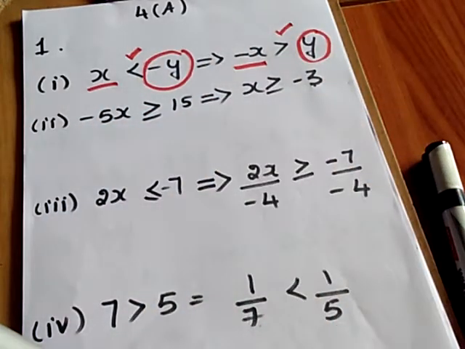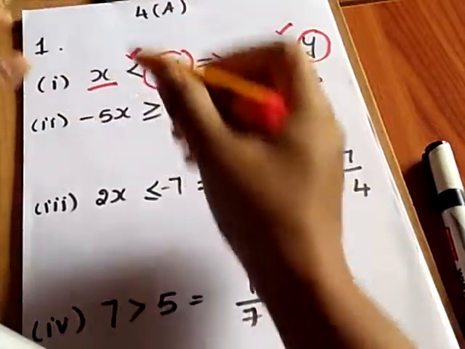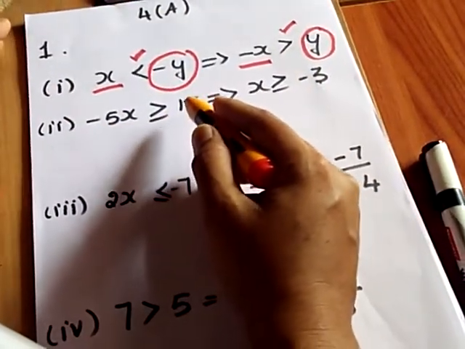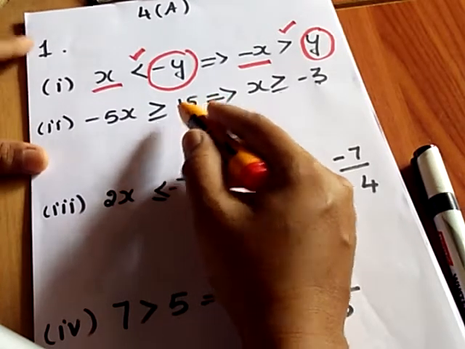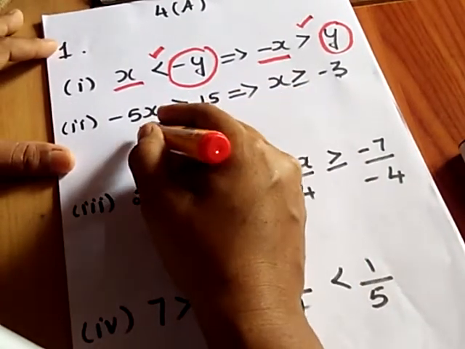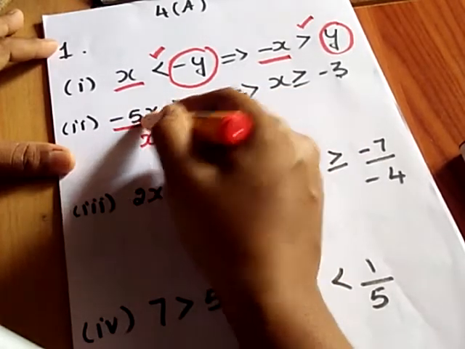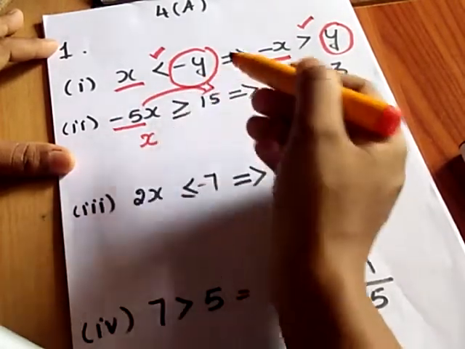Now let us come to the second question. It is minus 5x greater than or equal to 15. First we need to solve this. Let us solve this. I need to shift this minus 5 to the right hand side.